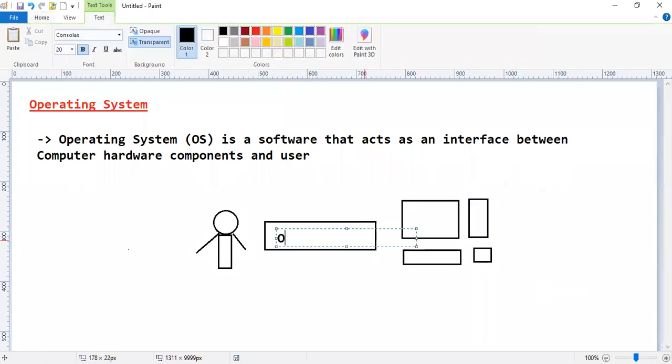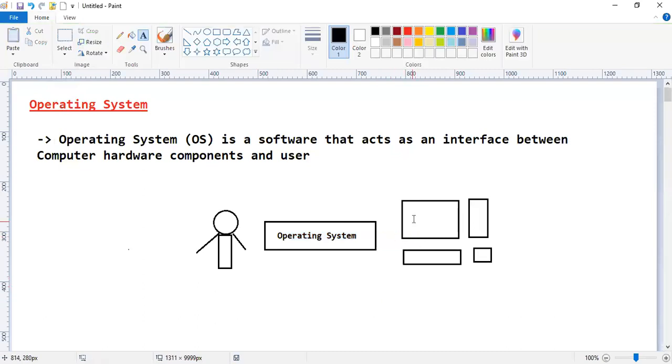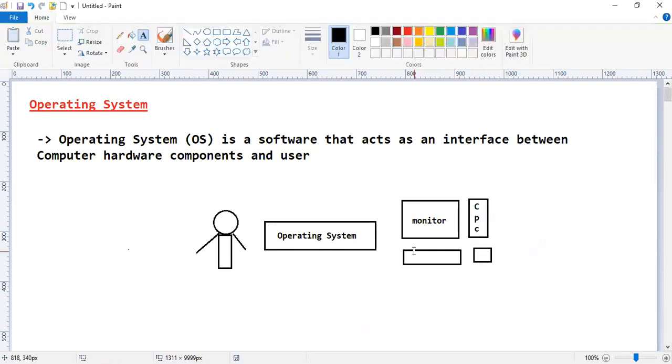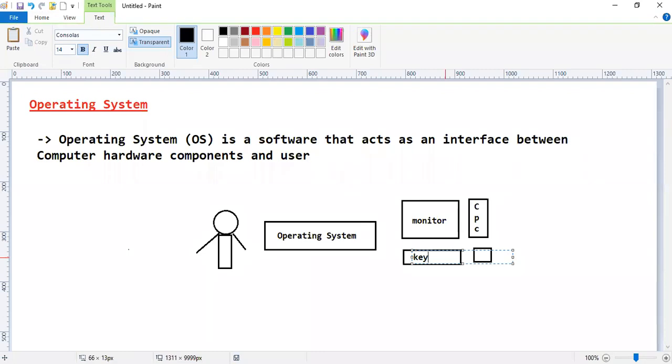Without having an operating system, we cannot use any computer. Without an operating system, there is no use of any computer. It's mandatory that every computer should have one operating system. Monitor, CPU, keyboard, and mouse are available.